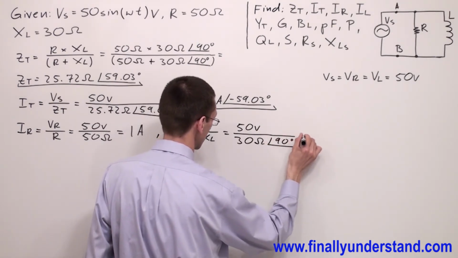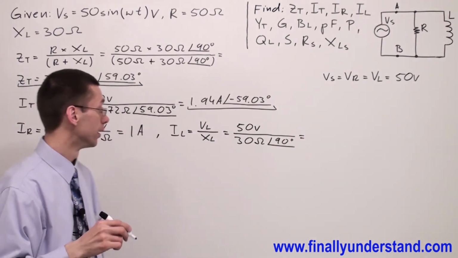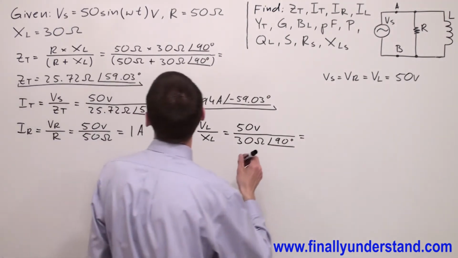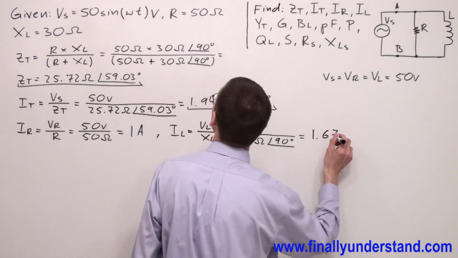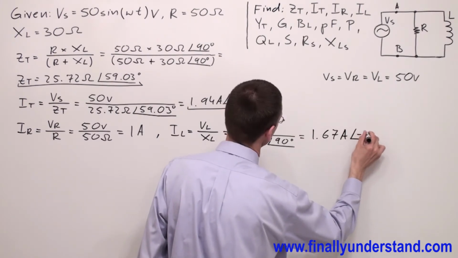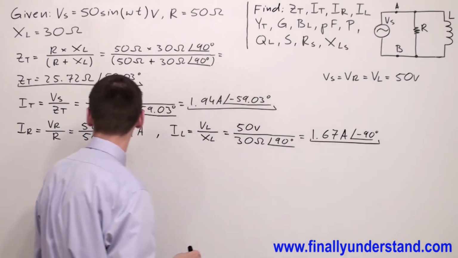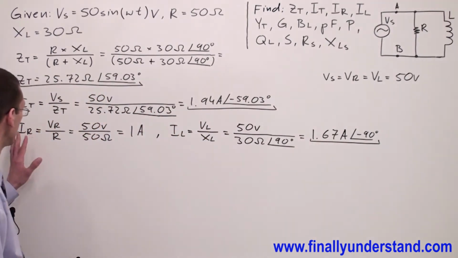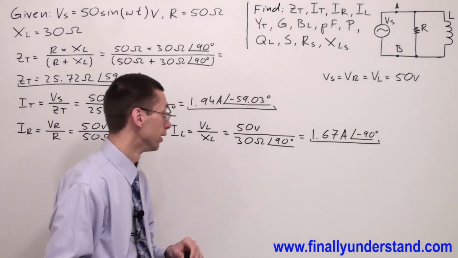Remember, X of L always goes with an angle of 90 degrees. So this is equal to 1.67 amps and angle of negative 90 degrees. Okay, so I found the current which goes through the resistor and the current which goes through the inductor.